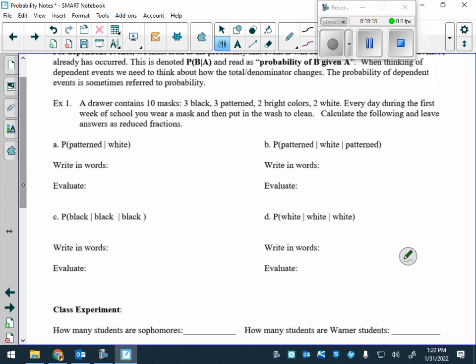All right, so here's the notation and here's what it means. Probability of selecting a pattern mask given that you have already selected a white mask.